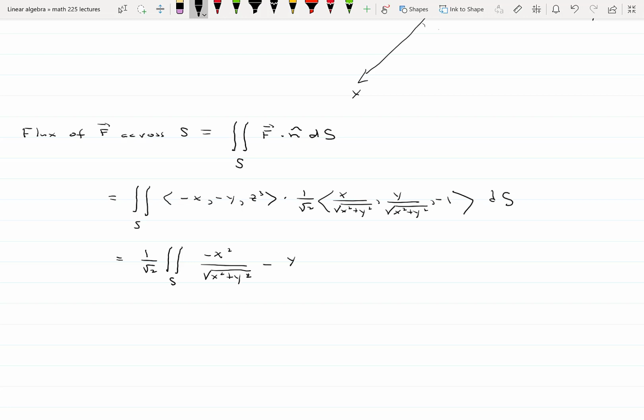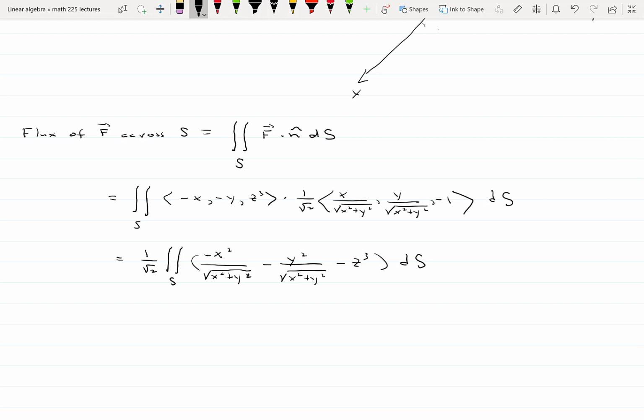Okay, minus another, y, so minus y squared over the square root of x squared plus y squared. And then minus z cubed, all dS.